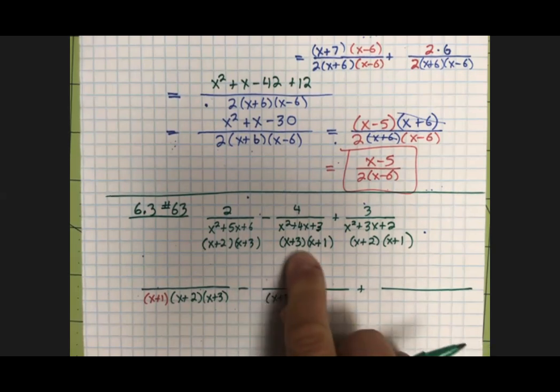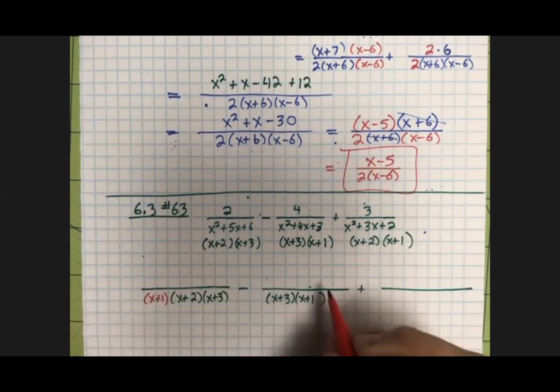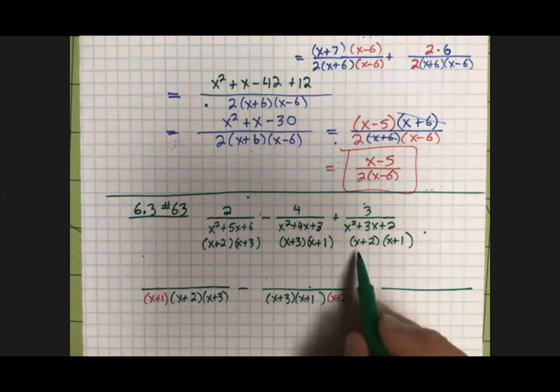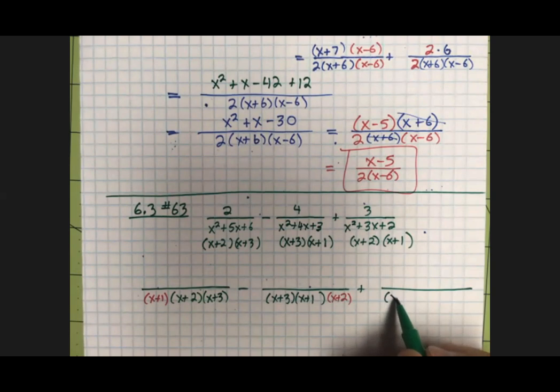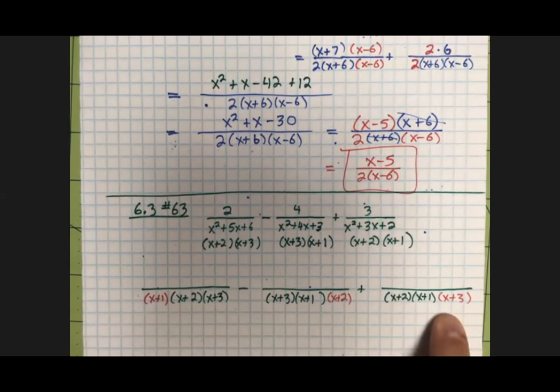But what the second fraction is missing is a single x plus 2. Third fraction is missing an x plus 3. And don't even forget about this minus sign right here. But now I've got a common denominator just by filling in those missing pieces.